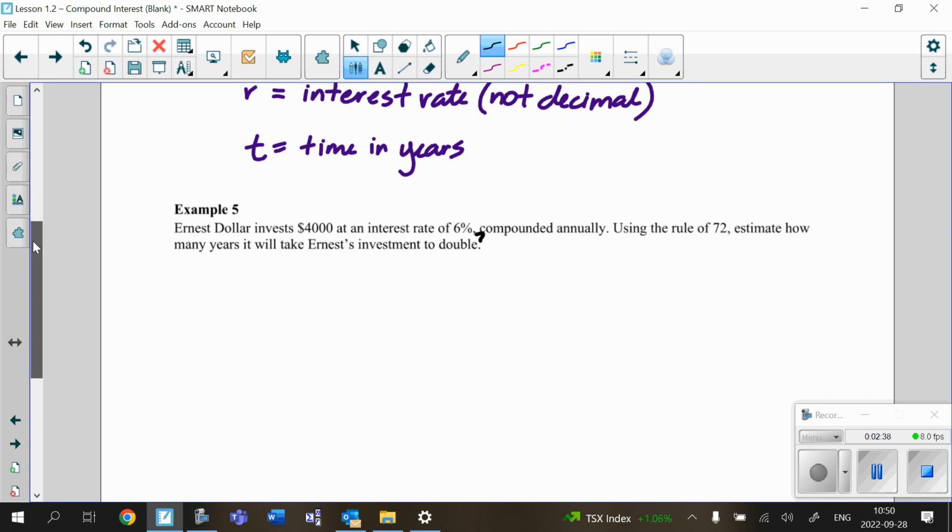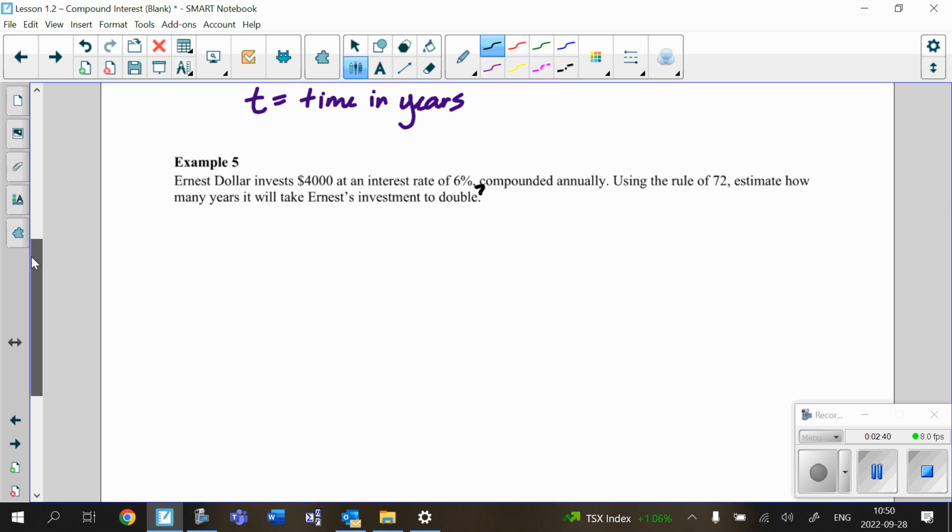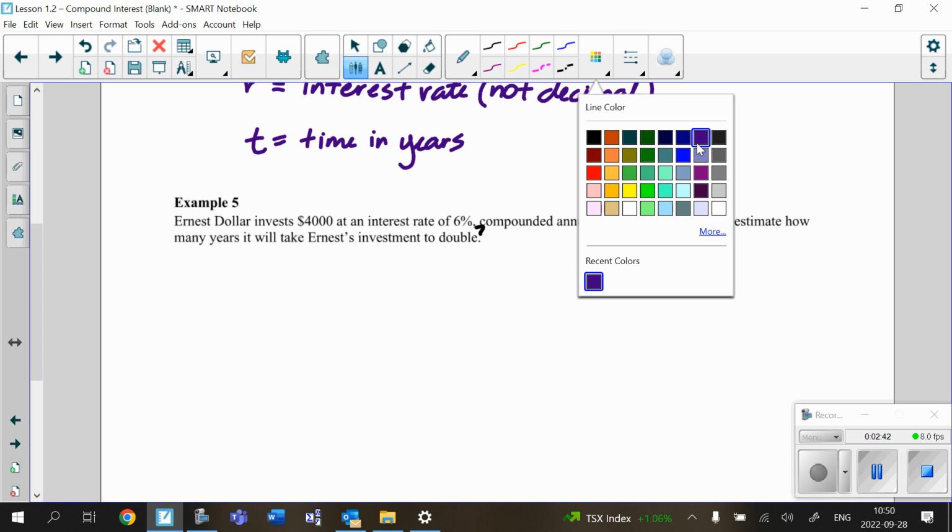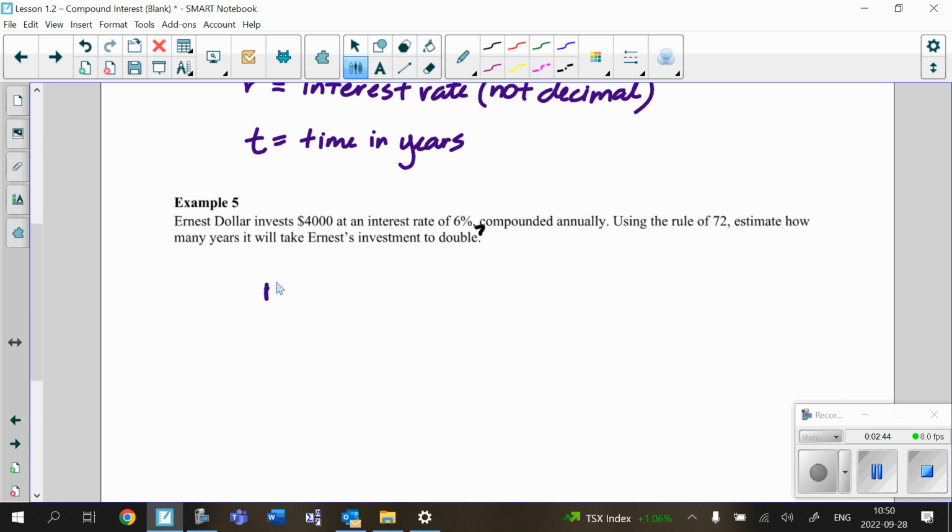Well, the interest rate times the time for it to double must equal 72. We know the interest rate is 6, so 6 times the time must be 72.